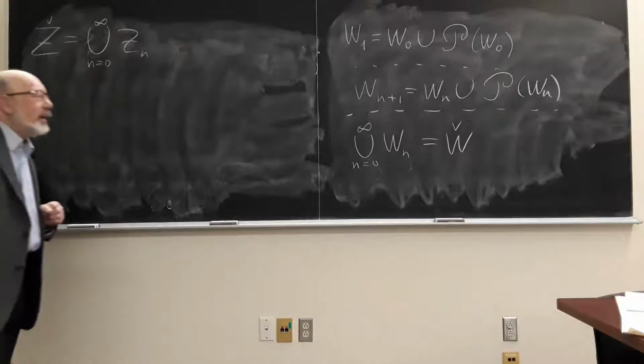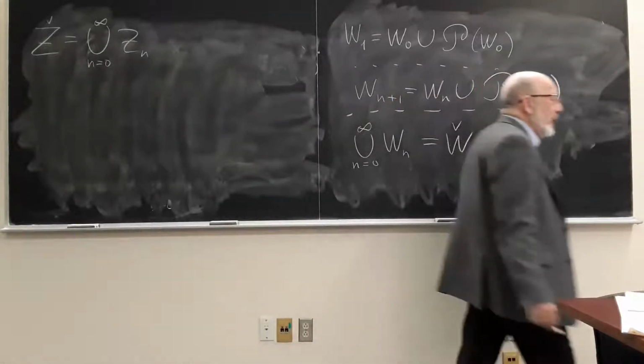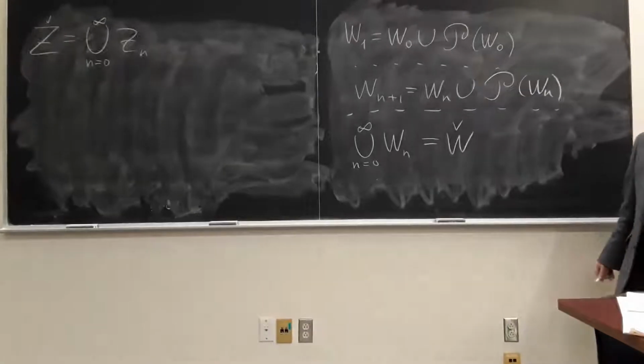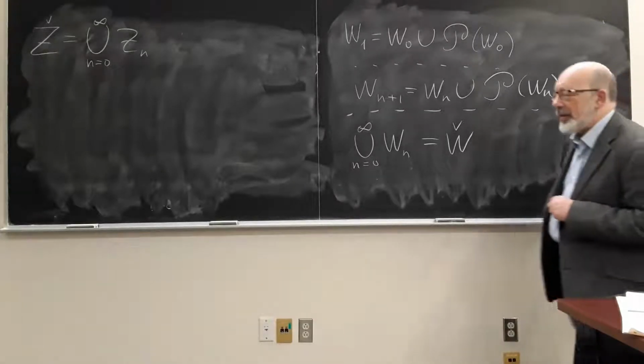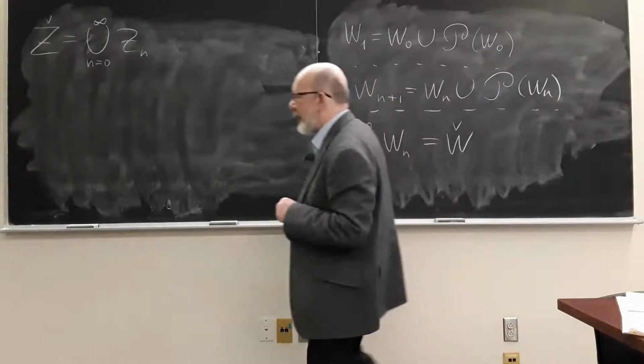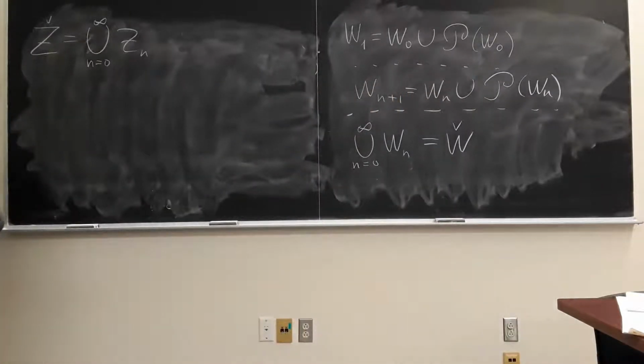So W0 we will consider as a collection of elements, not as sets, in the sense that we never ask questions about them as sets. We simply regard them as individuals. Now, what is Z?